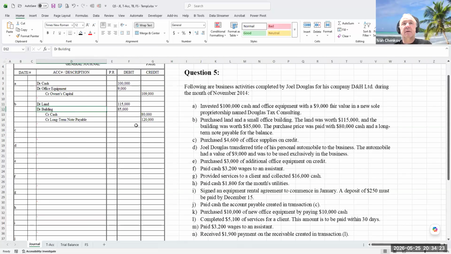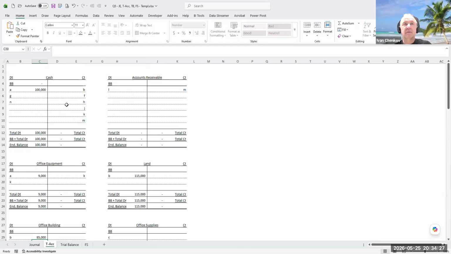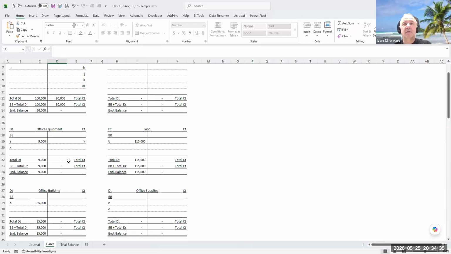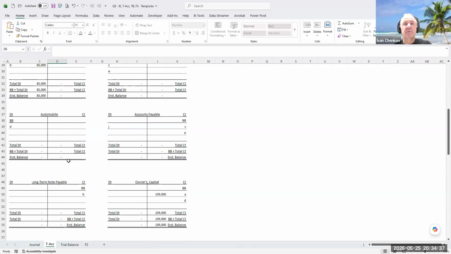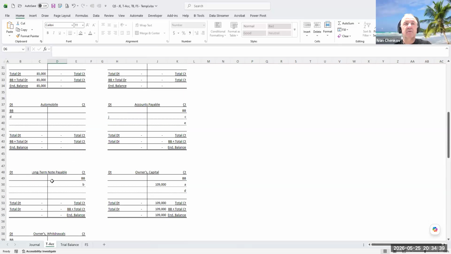And we paid cash going down with 80,000. Letter B cash 80,000. And we also have a new liability, which is long-term notes payable for 120,000.